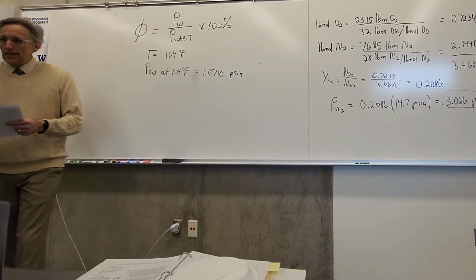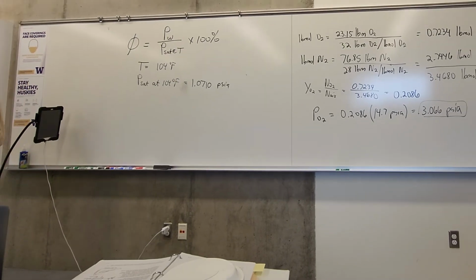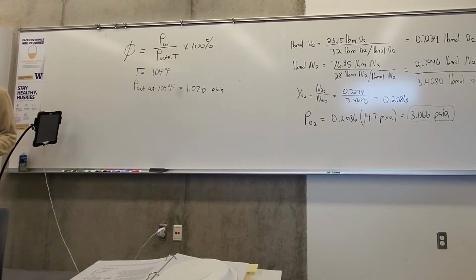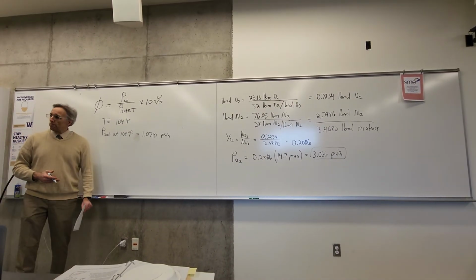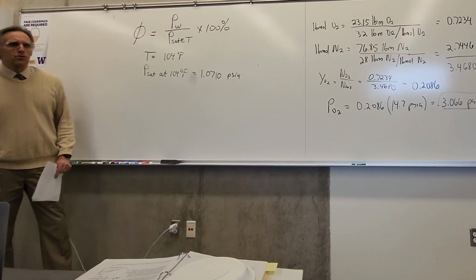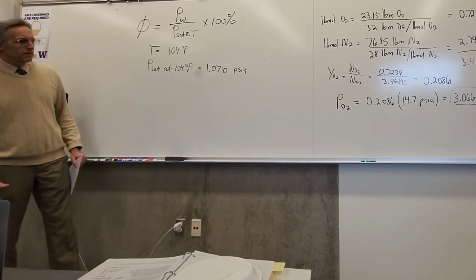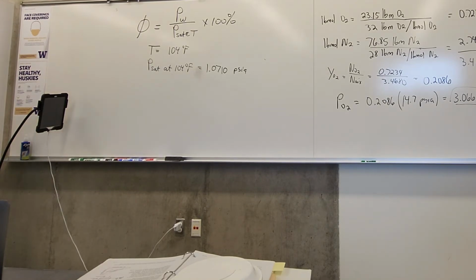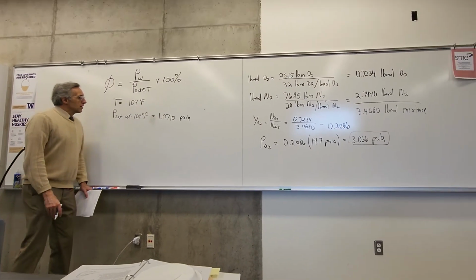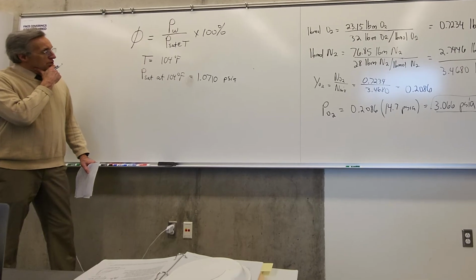I think I got that out of our thermo textbook. If you have our thermo textbook, you can find the same information in the saturated water table in the back of that book. I use that sometimes as well. I like the way that textbook lays out the tables, really easy to read. But 1.0710, that's fine.